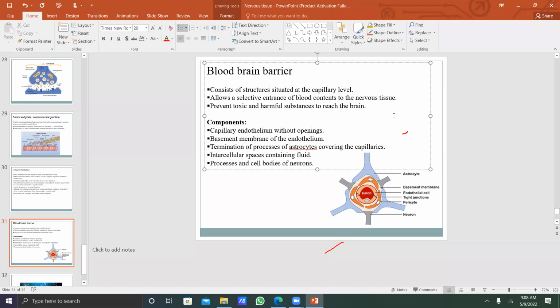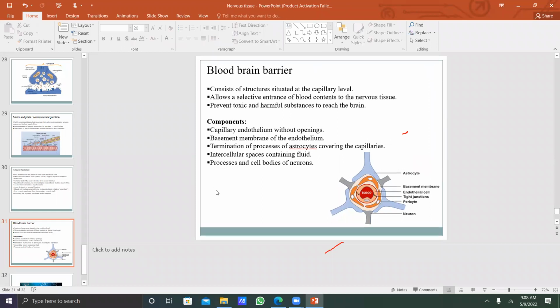This blood-brain barrier acts as a gate, which selects things from the blood and only allows those selected things into the nervous system. Therefore, the blood-brain barrier prevents toxic and harmful substances from reaching the brain.